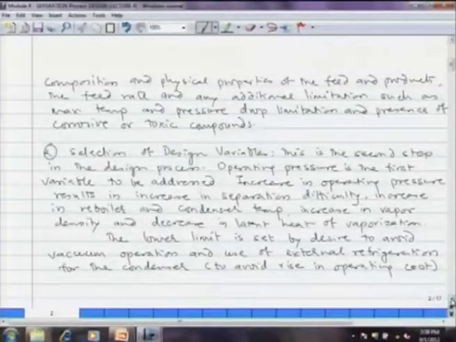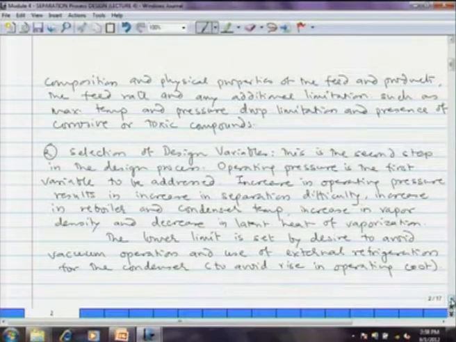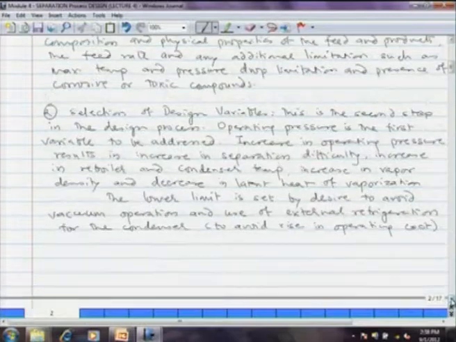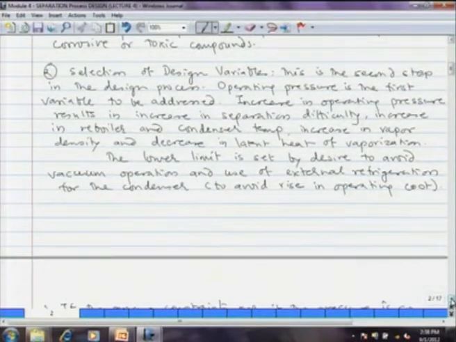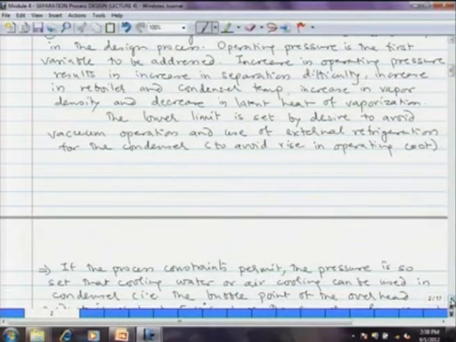Increase in operating pressure results in increase in the separation difficulty because alpha, the relative volatility, decreases; increase in the reboiler and condenser temperature; increase in the vapor density; and decrease in the latent heat of vaporization. The lower limit is set by the desire to avoid vacuum operation and the use of external refrigeration for condenser to avoid rise in the operating cost.